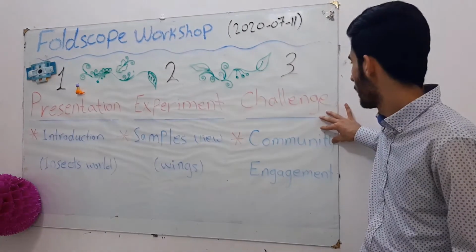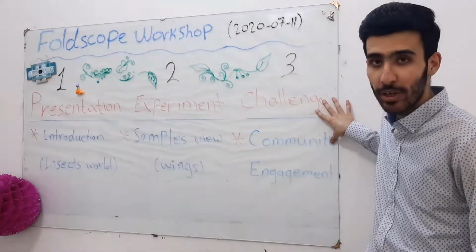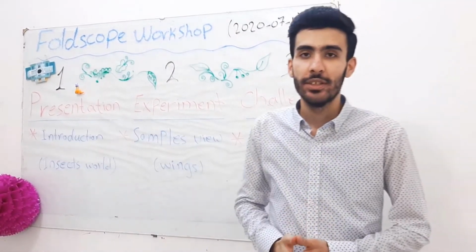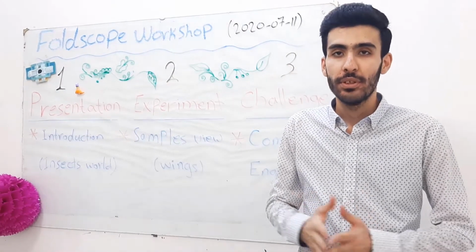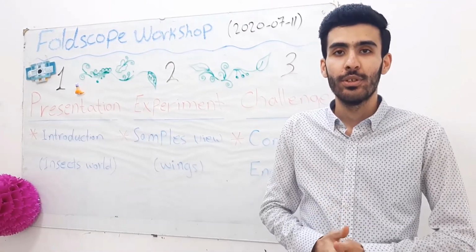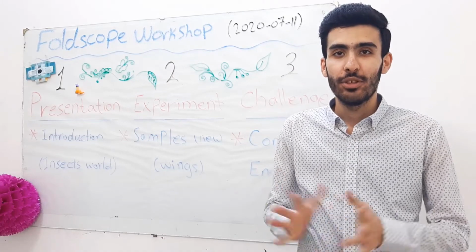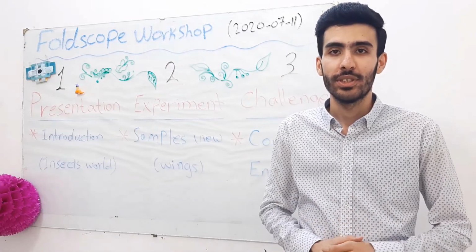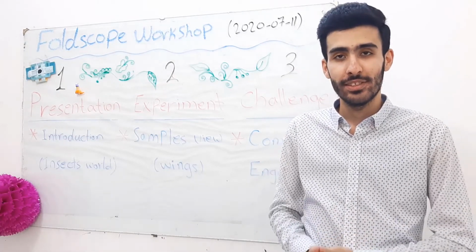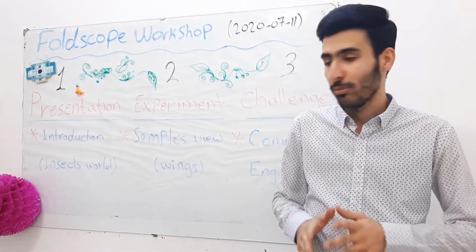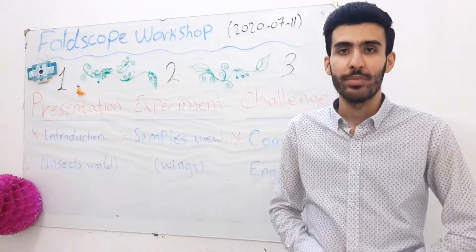And third is the challenge part, which is very interesting and simple. I would like to invite you all to keep in touch in the next couple of weeks. So now let's start, and I will be moving now to my laptop for the presentation.